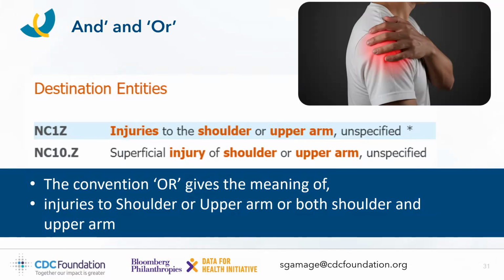NC1Z, injuries to the shoulder or upper arm, unspecified. NC10.Z, superficial injury of shoulder or upper arm, unspecified. The convention OR gives the meaning of injuries to shoulder or upper arm or both shoulder and upper arm.